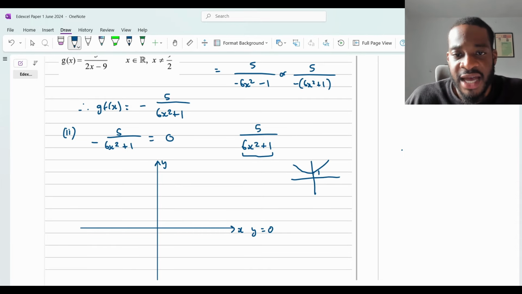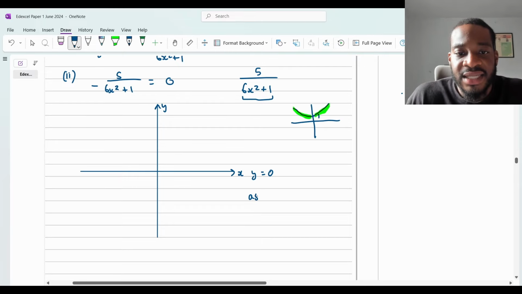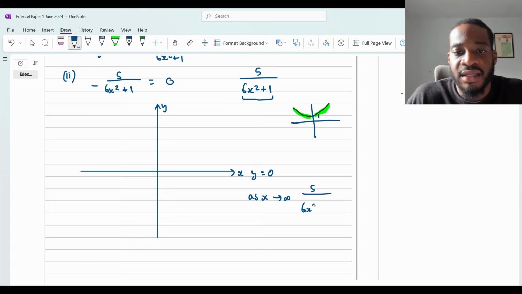For x positive, this graph is always increasing, and for x negative it is also increasing in magnitude, which tells me that the denominator overall is always going to increase as x increases. So the fraction overall is going to get smaller and smaller. So as x tends to infinity, 5 over 6x squared plus 1 will tend to 0, isn't it?